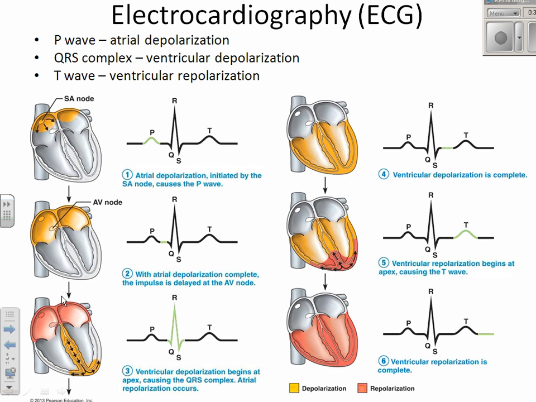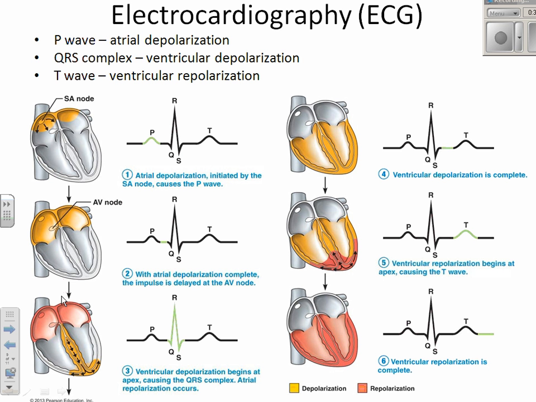And the right and left ventricle are contracting at the same time. So blood is not only being pumped through the body at a certain point, but it's also being pumped to the lungs. So those are contracting at once. And the ventricles contract at once. So here's the SA node sending out the message for that to occur. So this, what you see highlighted in yellow in the very first picture, is atrial depolarization.